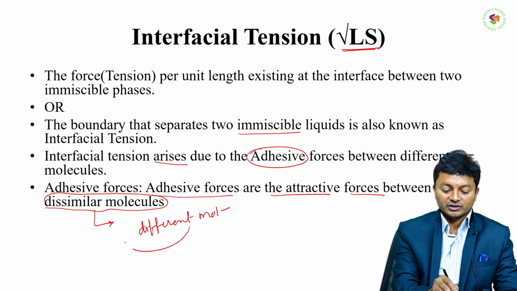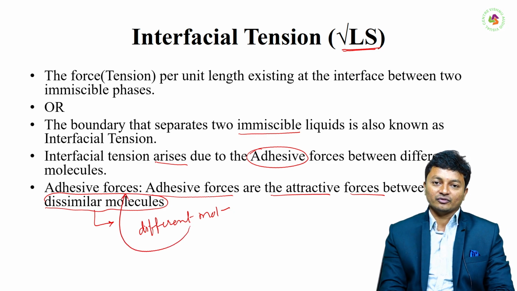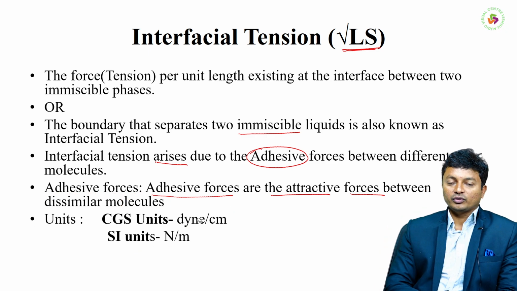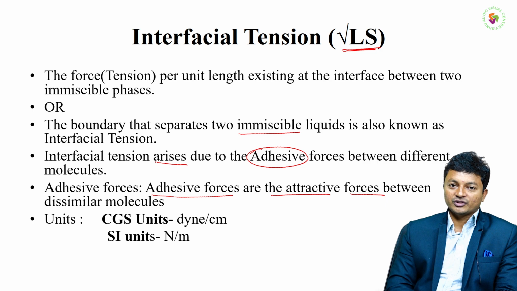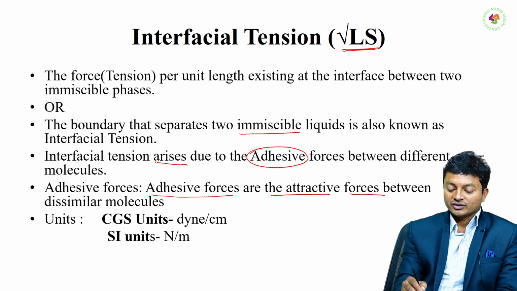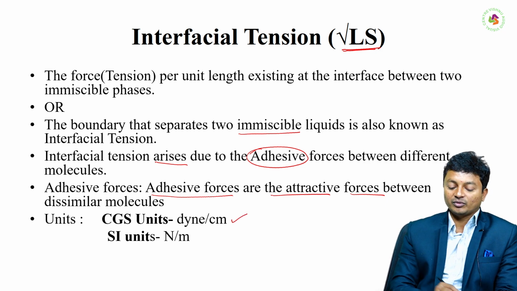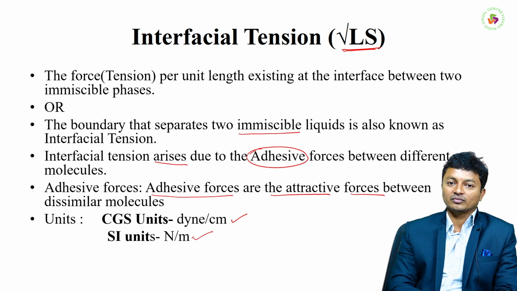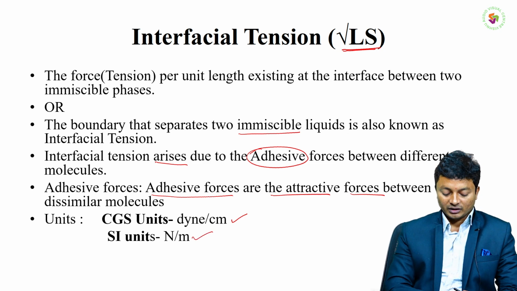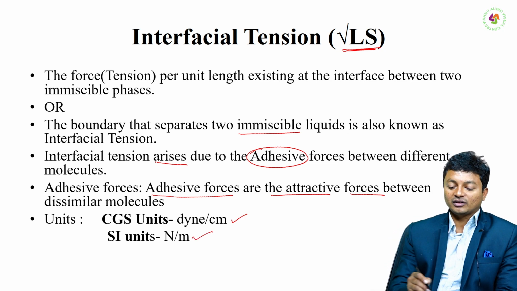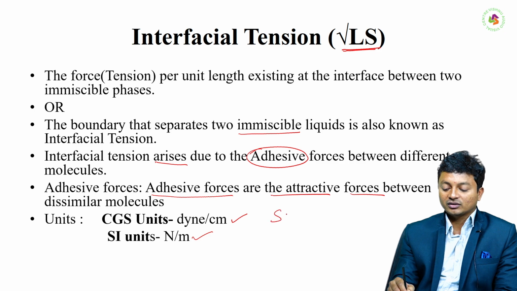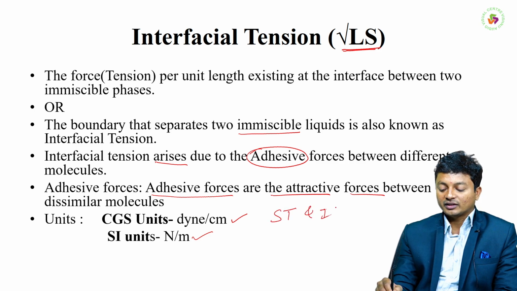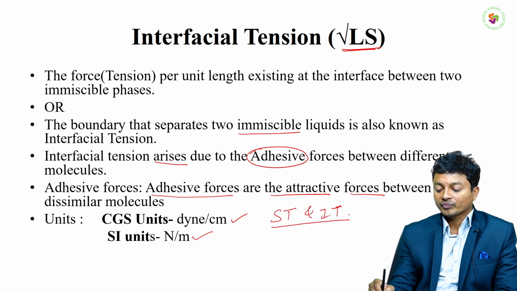The units of interfacial tension are dyne per centimeter in CGS, and newtons per meter in SI. Here you need to understand that the units of surface tension and interfacial tension are the same.